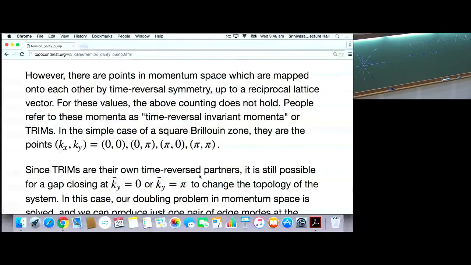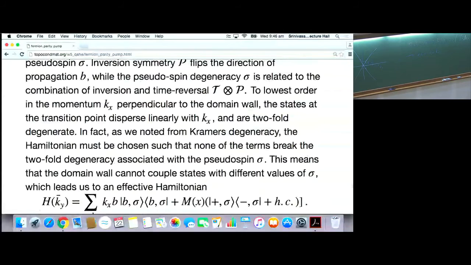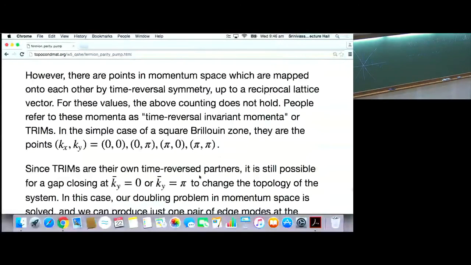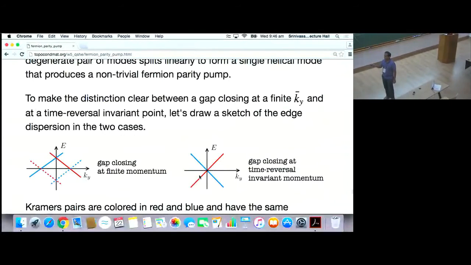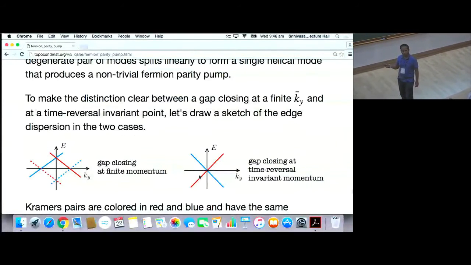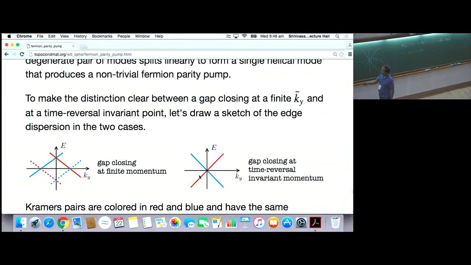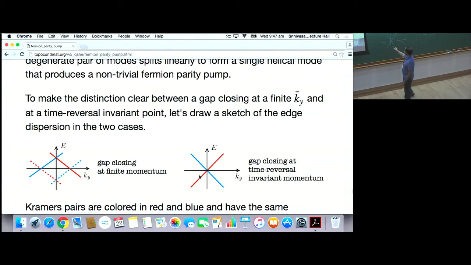If I'm looking at ky equals 0, so that ky goes to minus ky, it's what's called a time reversal invariant momentum. It's a momentum which goes to itself under time reversal. If I look at that one, so that the symmetry constraints are obeyed, and at this ky, when m of x changes sign in the x direction, then I expect to see a zero energy mode, provided m of x changes sign in that direction.